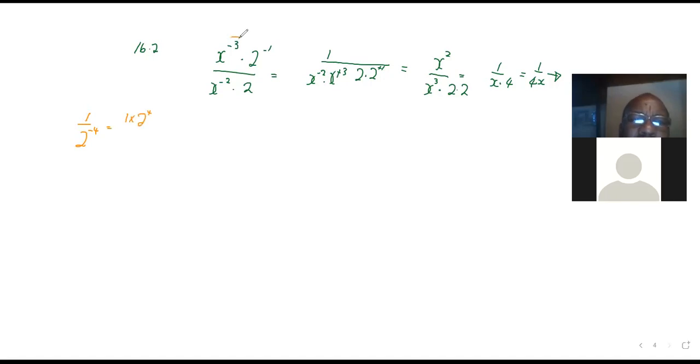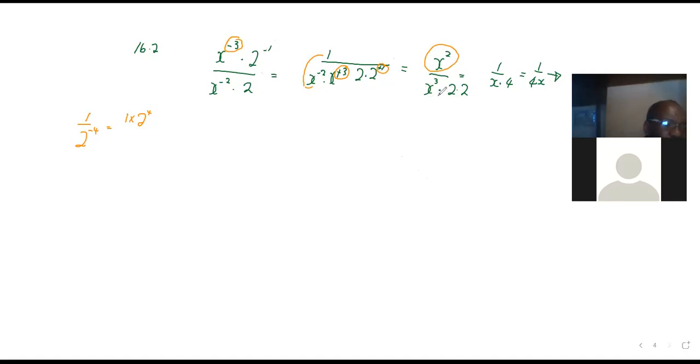This was negative, I put it down, it becomes positive. This was negative, I took it up, now it's positive, there's change of sign. This was negative, I take it down, that becomes positive. I was striving to write each and every one as a positive exponent first.